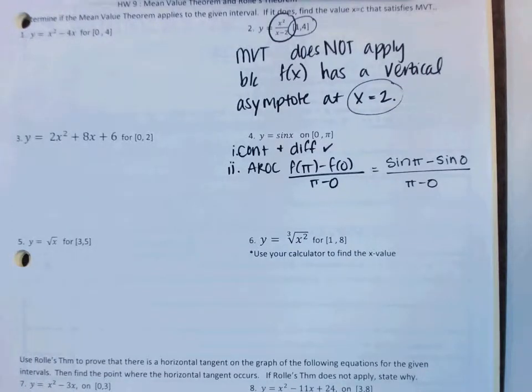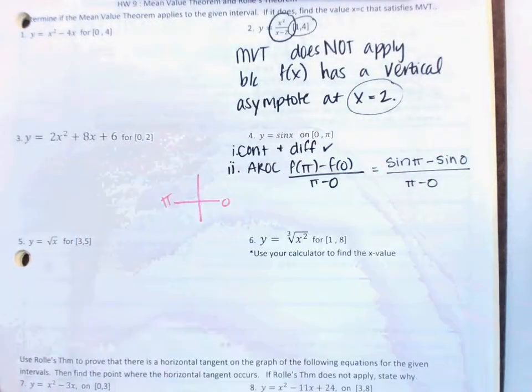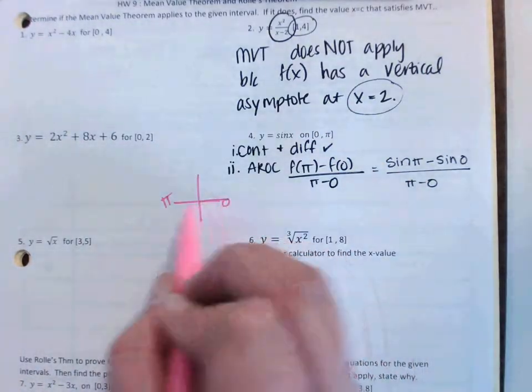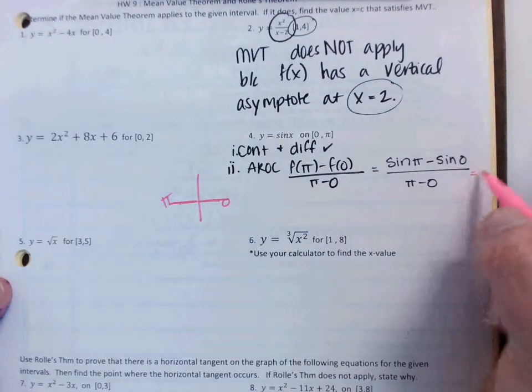It is 0. Look, here's 0, here's pi, so both of them are on the axis. If you're doing your hand trick, here's pi, fold the finger down, no fingers on bottom, then it's 0. What about the sine of 0? 0 again. 0 minus 0 is 0.